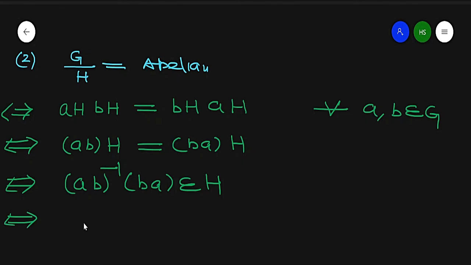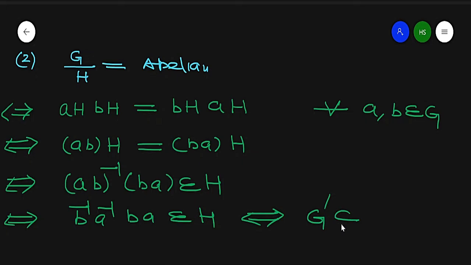It means this product b inverse a inverse into ba belongs to H. So it means G dash is a part of H. Why? Because it is a commutator. A commutator belongs to G dash and it is a subgroup. So every commutator is a part of H.